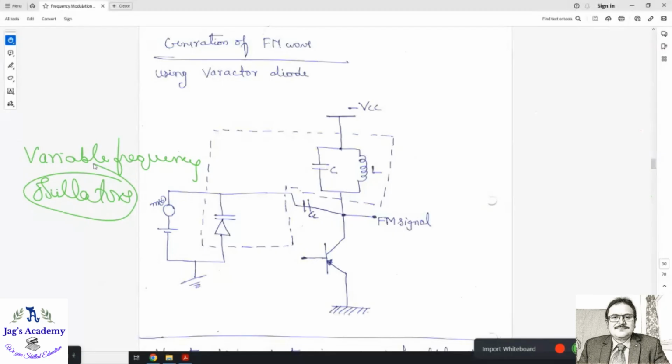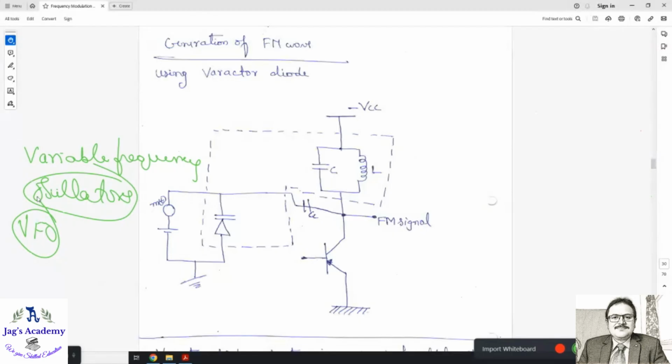That is called a variable frequency oscillator, VFO. An oscillator can generate a constant oscillation. If I design an oscillator to generate a 10 kilohertz sine wave, it will generate a 10 kilohertz sine wave continuously. Such oscillators are not called variable frequency oscillators. Those are called fixed frequency oscillators.